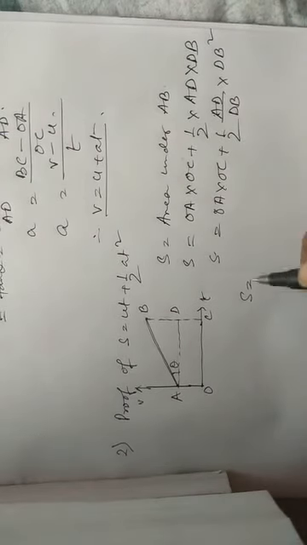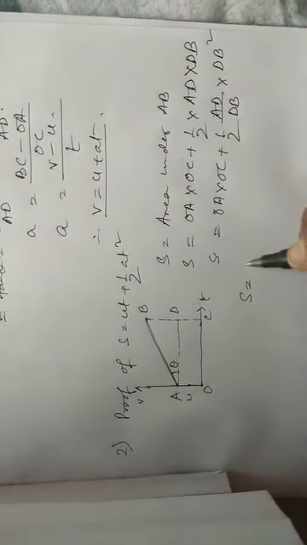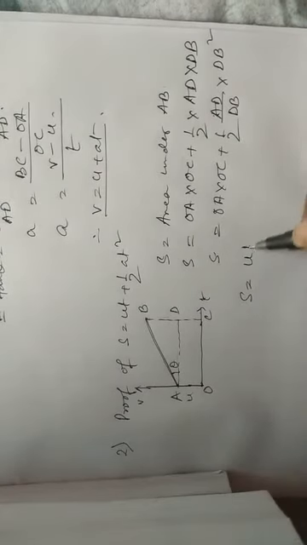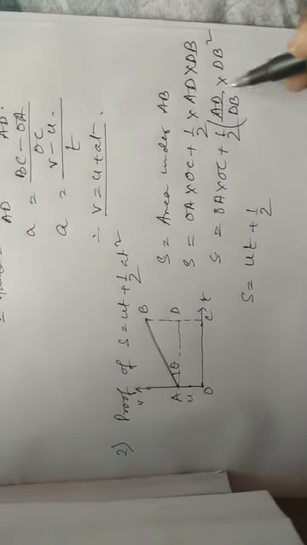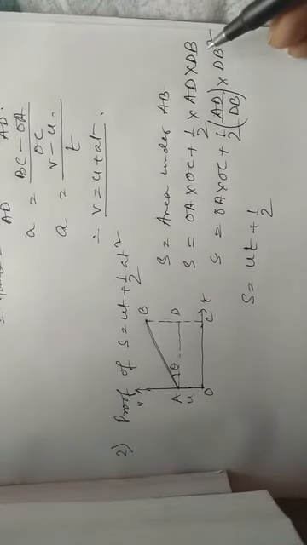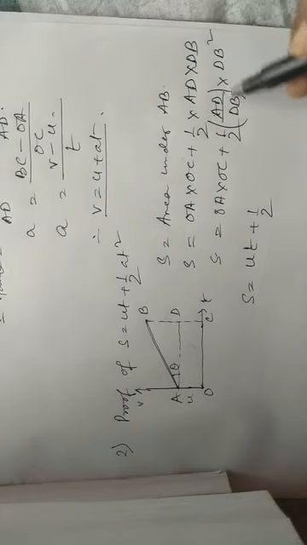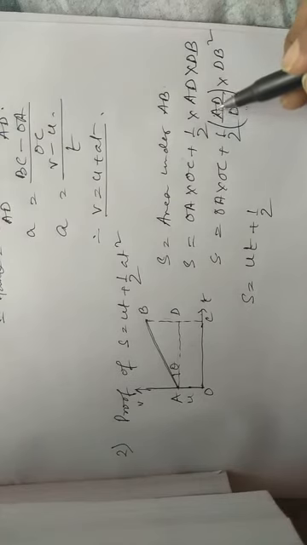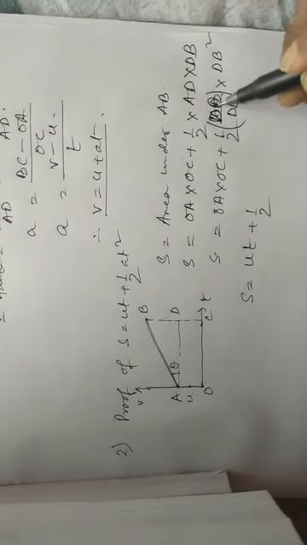S is equal to, now OA was U, OC is T. Now AD by DB, something is wrong.